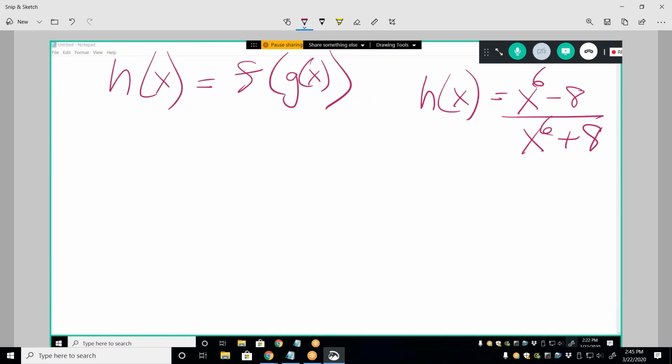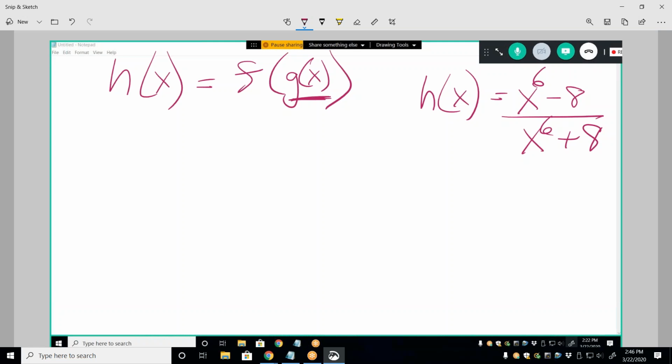Let's see. We want what's on the inside to be x. Hold on a second. It is a multiple choice. So if we just find f of x, then all the f of x's are different.